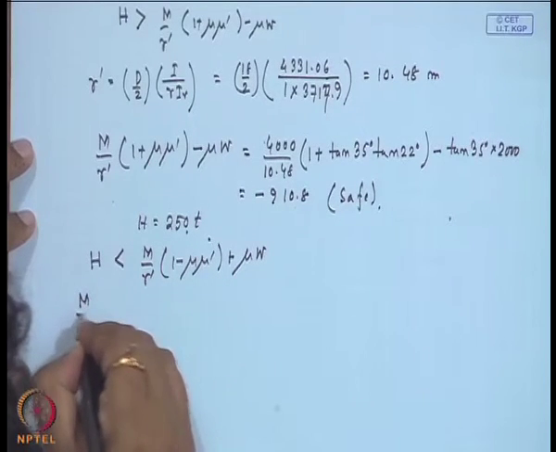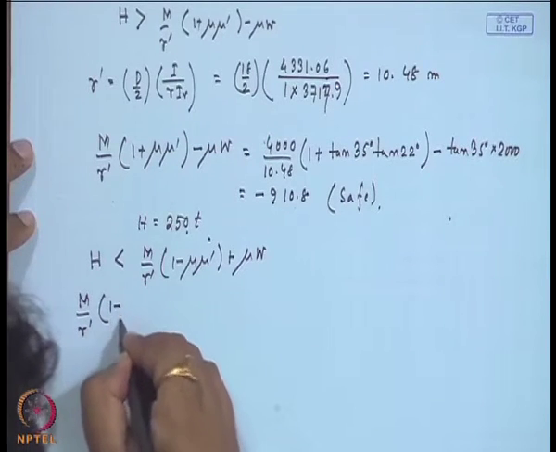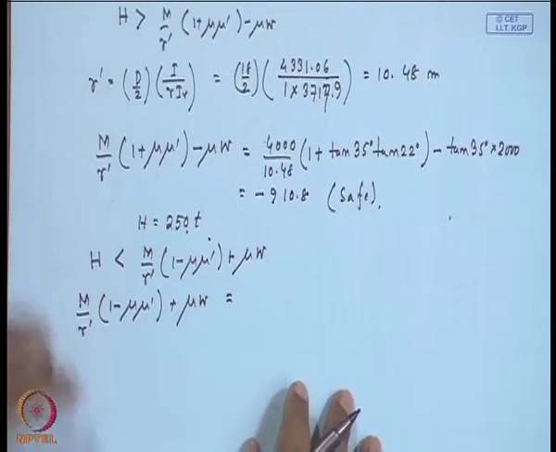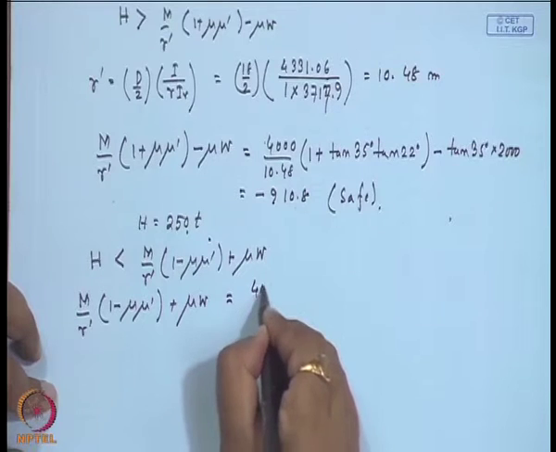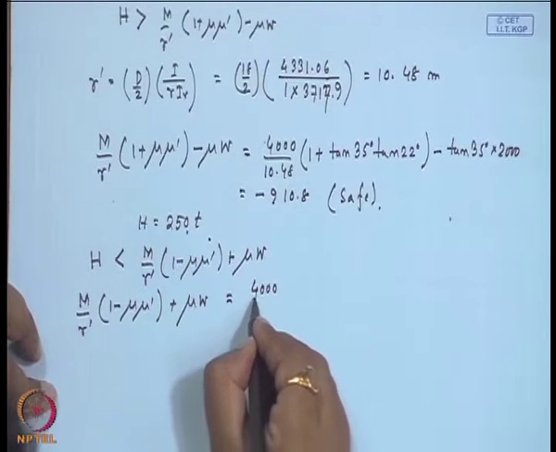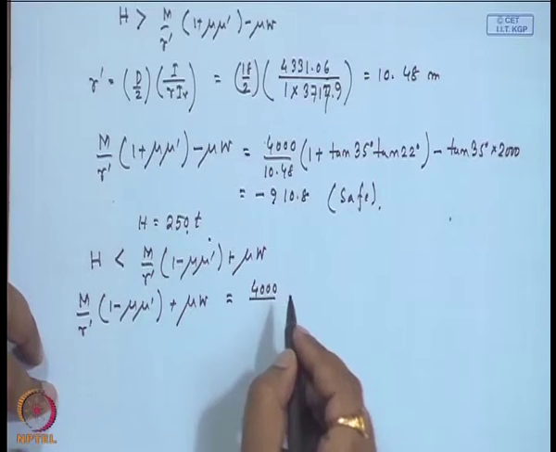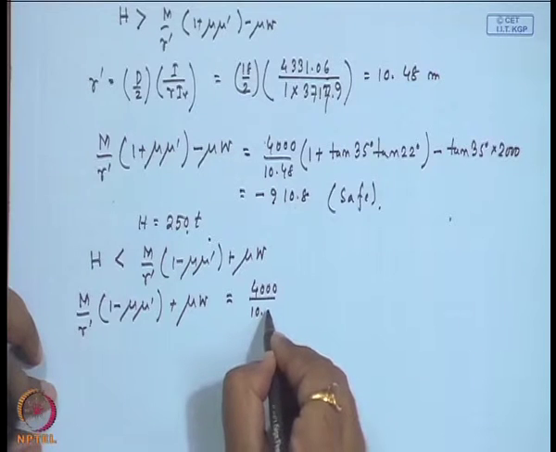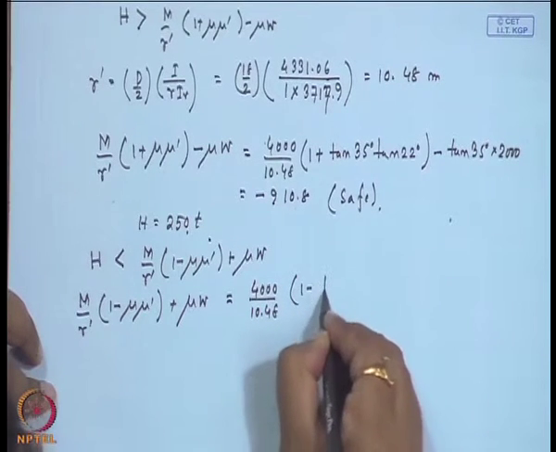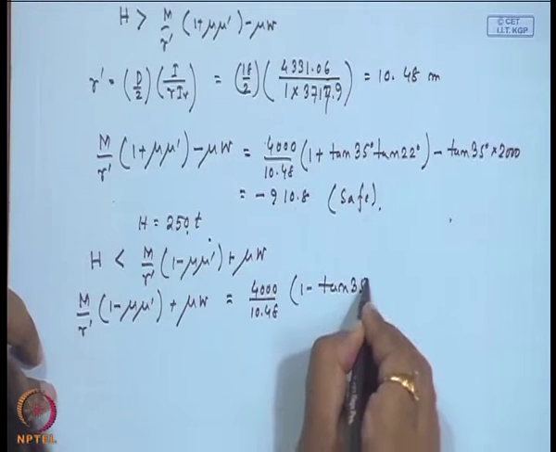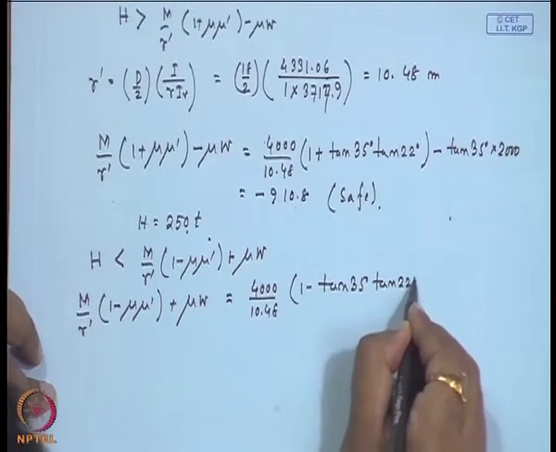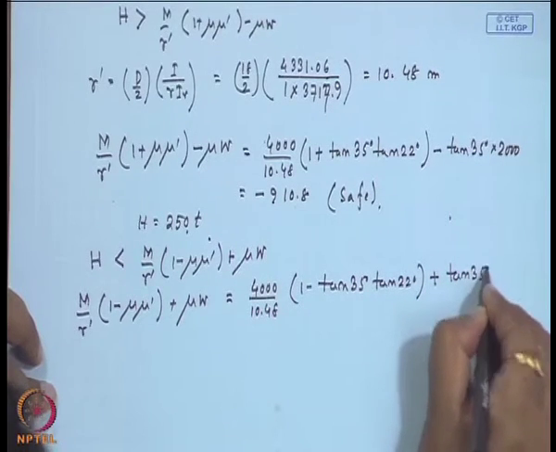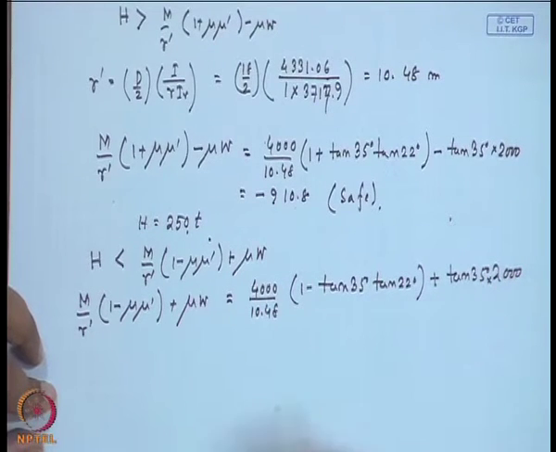So, first we will calculate m by r dash 1 minus mu dash plus mu w. m is 4000, r dash is 10.48, 1 minus mu dash of 22 degree plus mu of 10.35 into 2000.